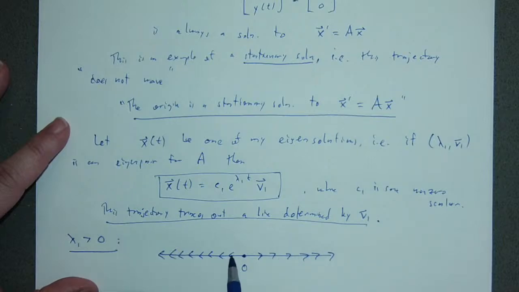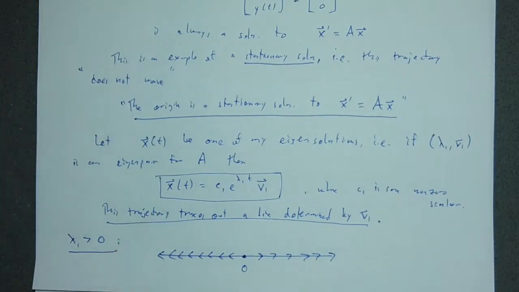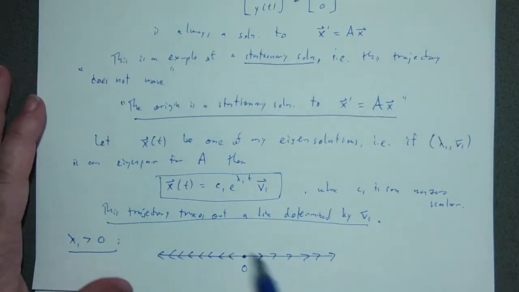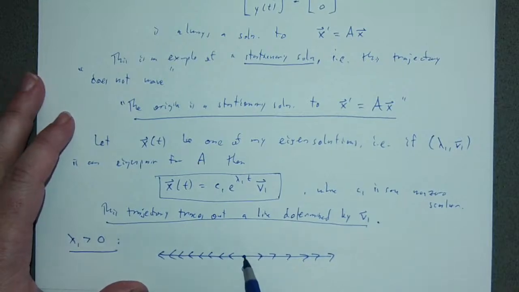Here, the opposite thing happens. Now lambda 1 is still positive, but t is negative, and so I'm going away from 0 in the other direction, all other things fixed. You might say, wait, 0 is a trajectory, but then you have this half line here and this half line here.